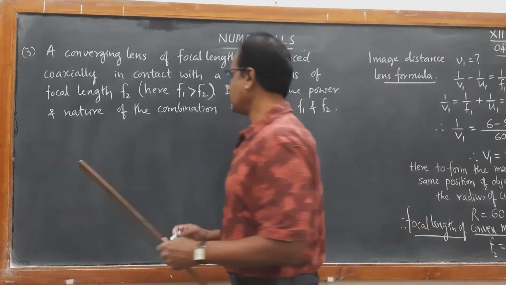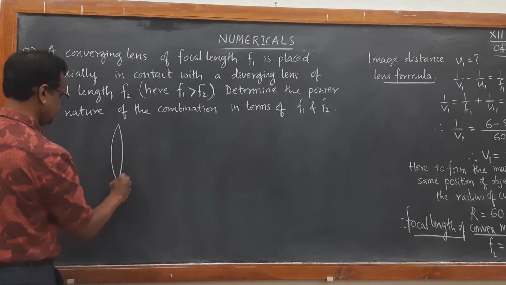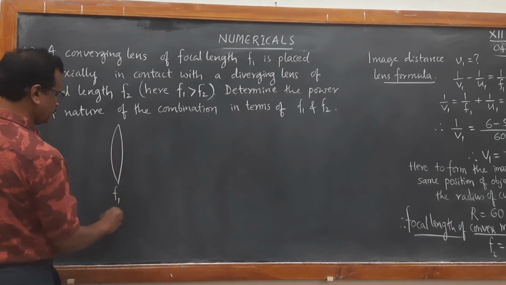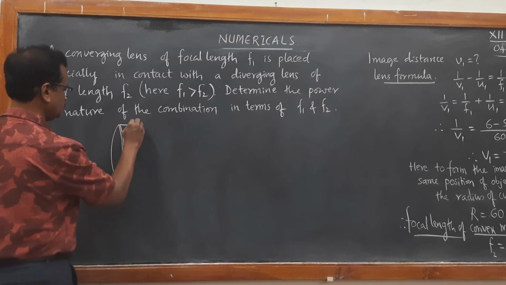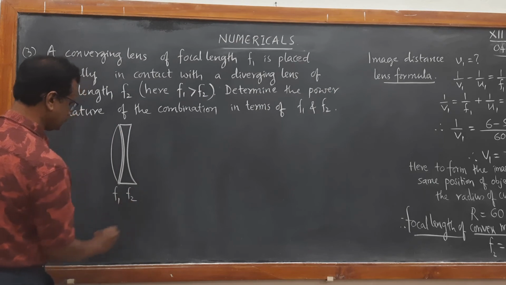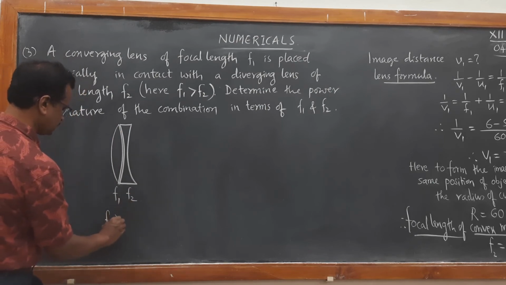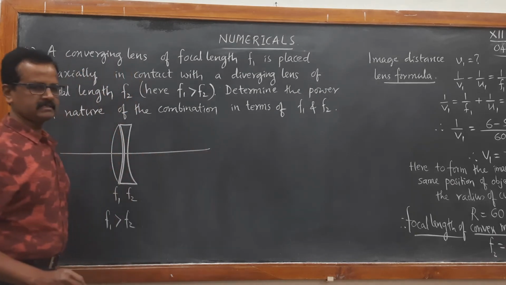Now just draw the rough diagram for clear understanding. This is a convex lens of focal length f1 kept in contact with a concave lens of focal length f2 such that f1 is greater than f2 on the common principal axis.